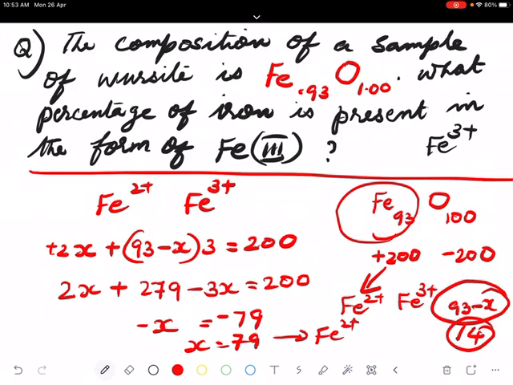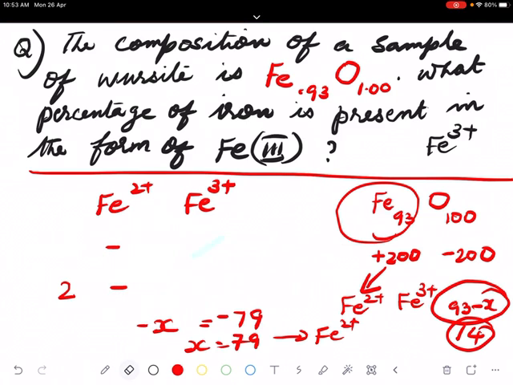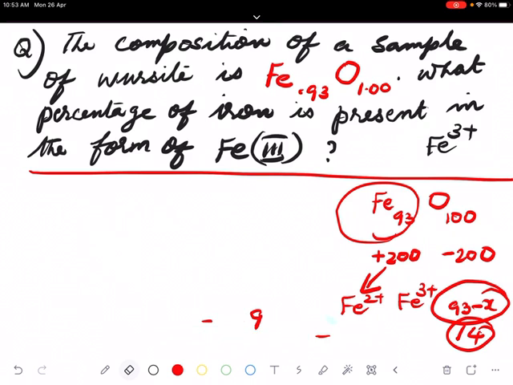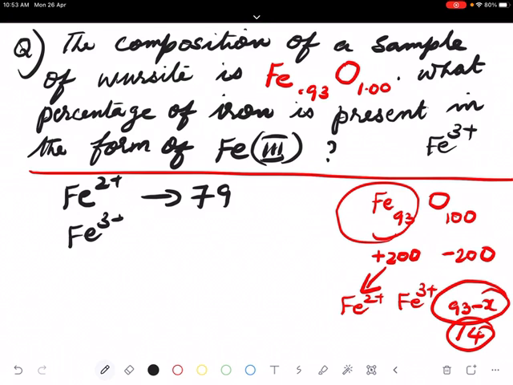So let's find out that. Fe2 plus, that is 79. Fe3 plus, that is 14. So altogether it is 93. Now what percentage of iron is plus 3?